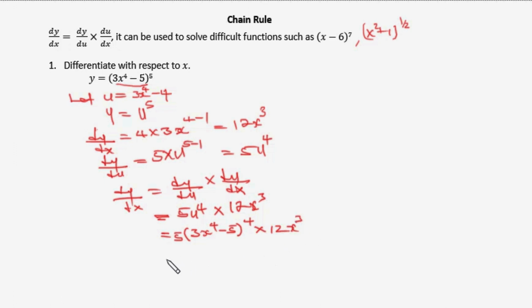So this is dy/dx. 12 multiplied by 5 is 60, so we have 60x cubed times (3x minus 4) raised to the power 4. So this is our answer for this question.